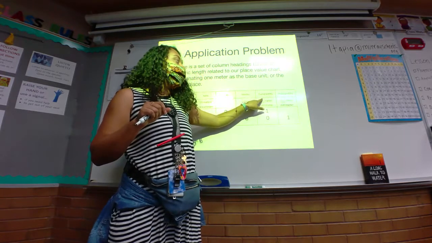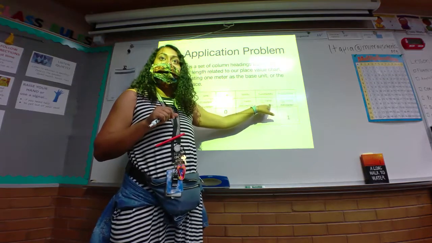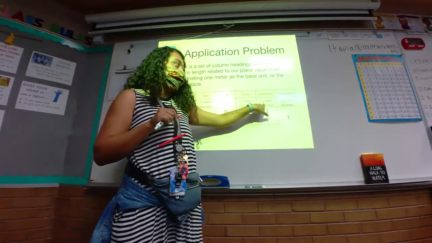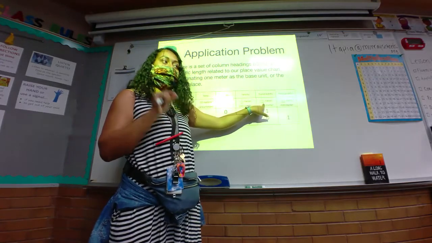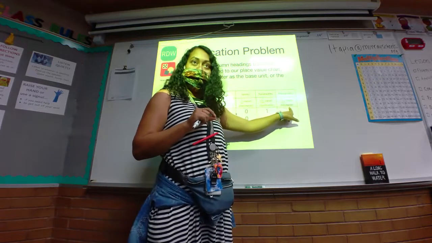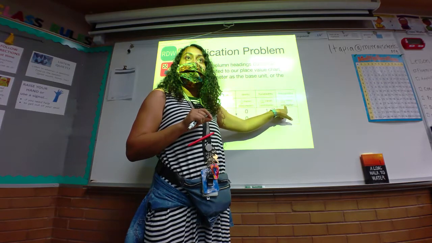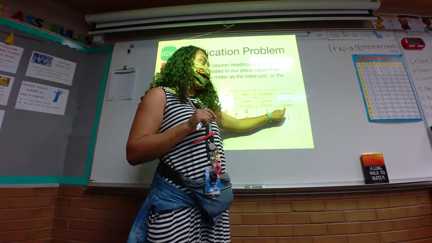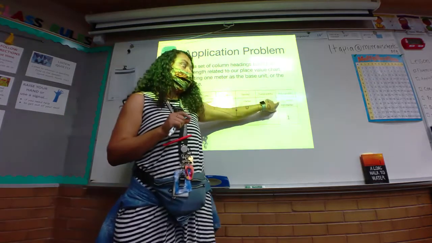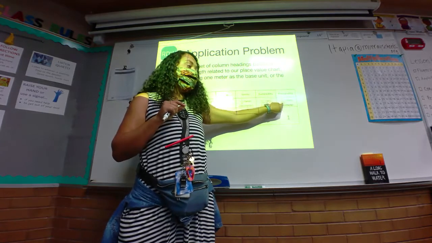So if you have 1 centimeter, 1/100th of a meter, how many centimeters do you need to make 1 whole meter? You need 100 hundredths. Okay, a millimeter, so milli is 1,000. So if you have a millimeter, how many millimeters do you need to make 1 whole meter? You will need 1,000 thousandths.